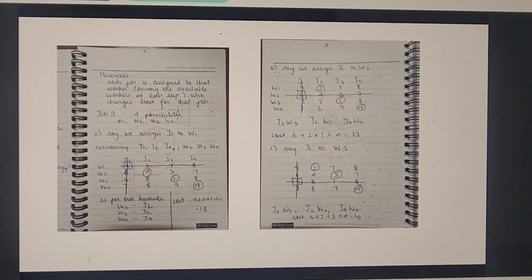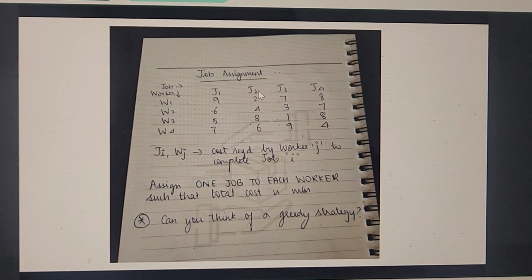So for example, if we go back here, worker 1 is charging the minimum for job 2, so you assign that to him. Then you move to worker 2, charging minimum for job 3, so you assign that to them. And then when you come to worker 3, this person is also charging the minimum for job 3, and this minimum is a better minimum as compared to this one, it is even less expensive.